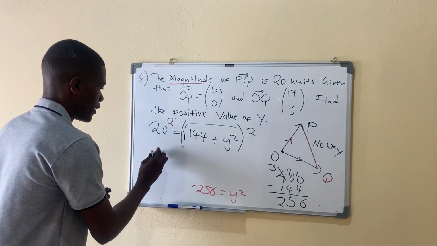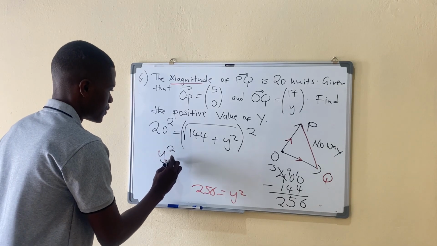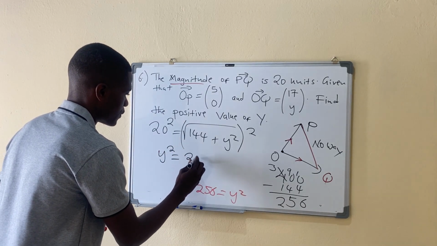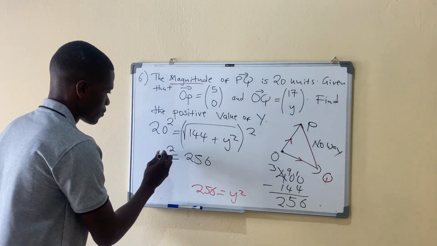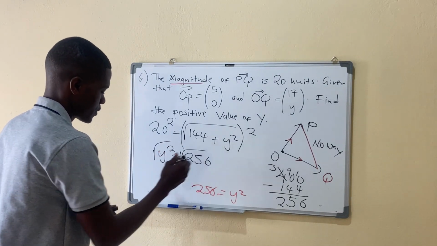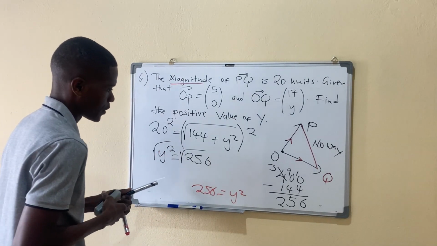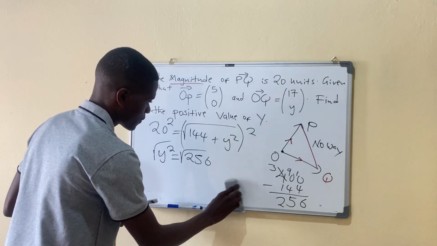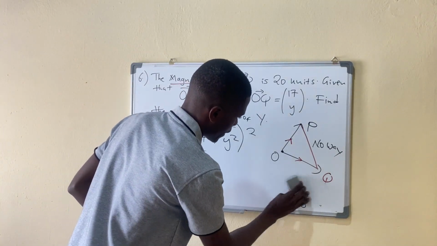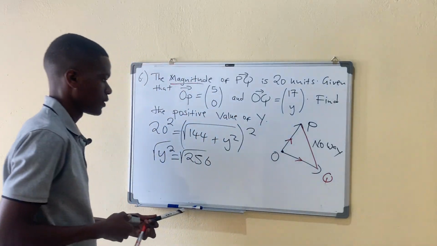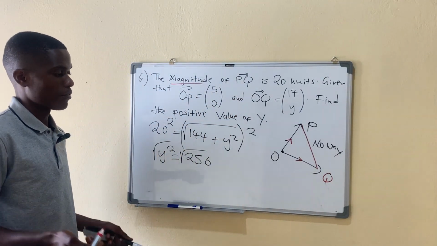our value of y squared is 256, so we have to now take the square root of both sides. What number can you multiply by itself to give you 256? I can give you some ideas on how we find such answers.